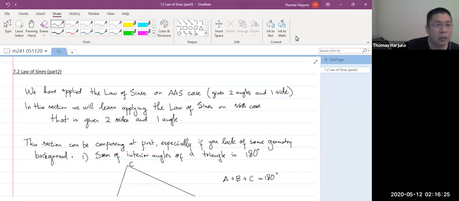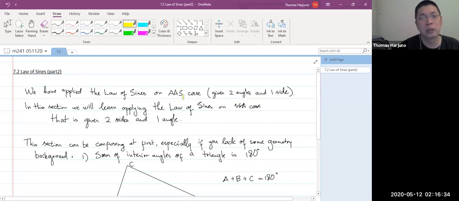Okay, in 7.1, we already applied the law of sines in cases where we know two angles and one side. The law of sines is given by sine A over a equals sine B over b equals sine C over c.